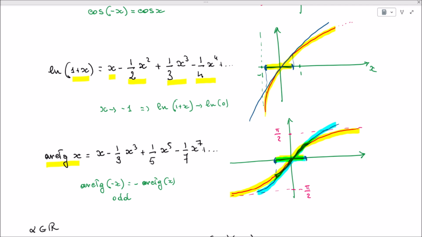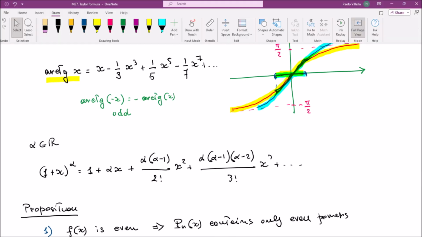The final function that we want to consider now is the power 1 plus x raised to the alpha, where alpha is any real number, can be positive, can be negative.